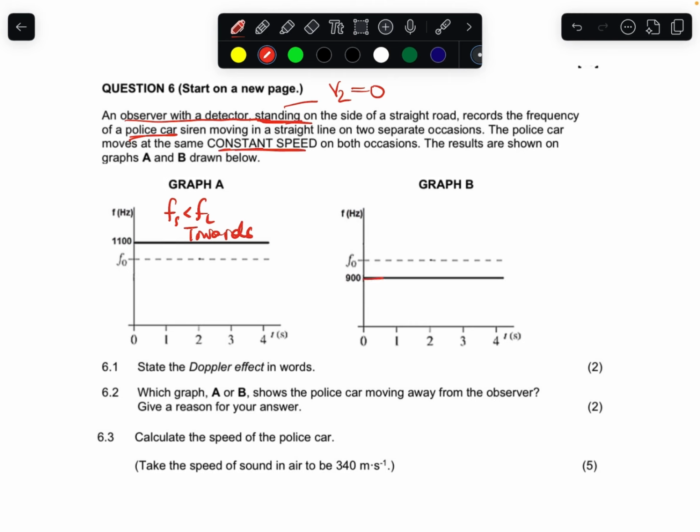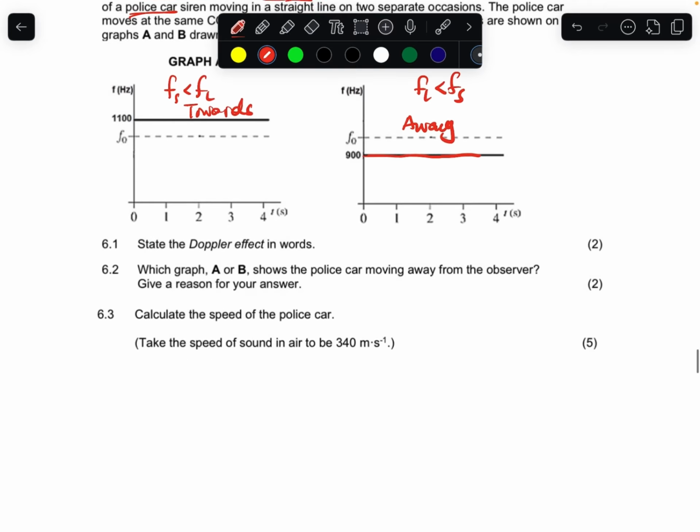Here we can see the frequency of the listener is lesser than the frequency of the source. That means it was going away here. So those are the two separate occasions. This one is the frequency of the source, and this one is the frequency of the listener.